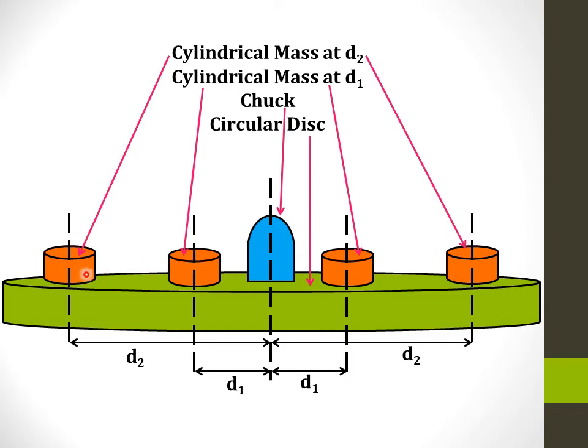Next, we place the same cylindrical masses at a further distance away from the chuck at a distance d2 on either side and determine the time period of oscillation of the disc T2. We can also find the time period of oscillation of the disc after the removal of all these masses, and that time period is called T0.